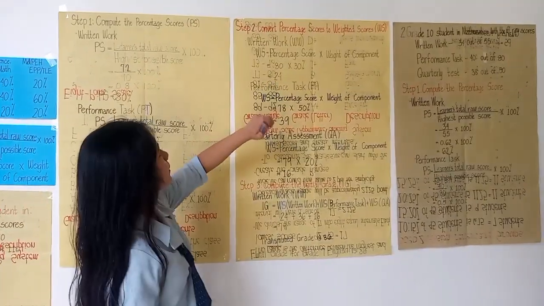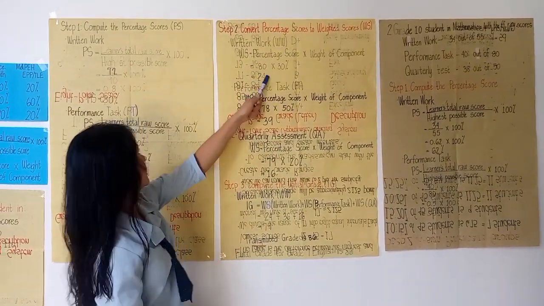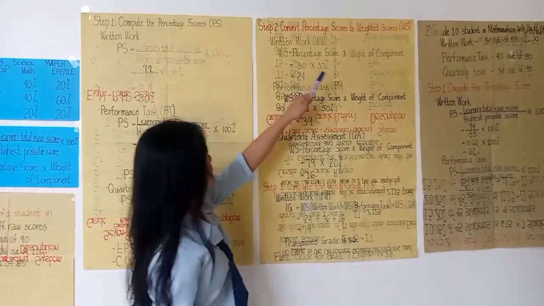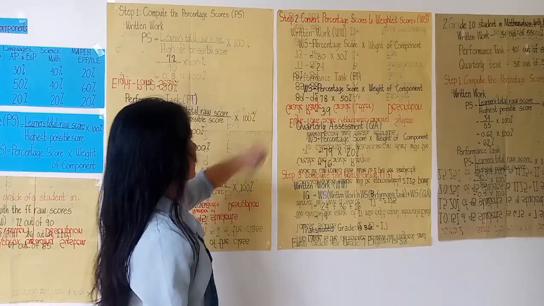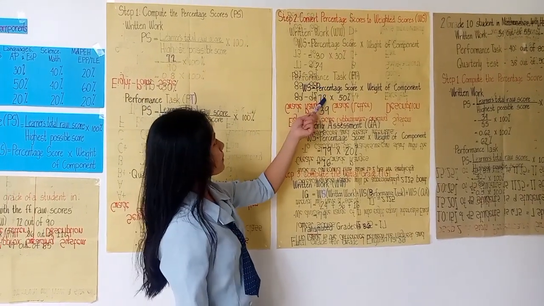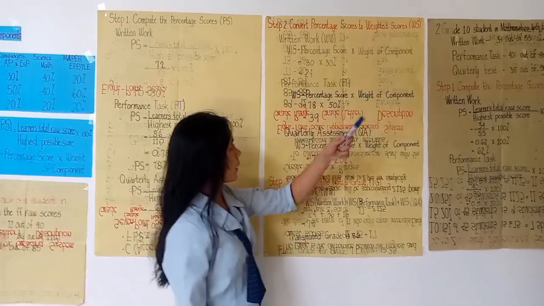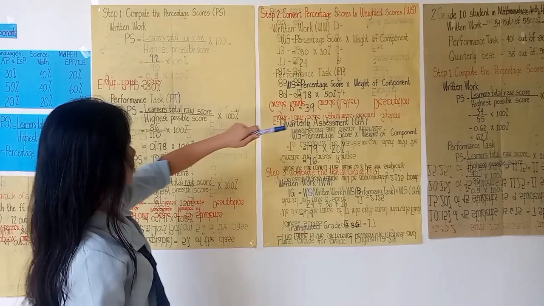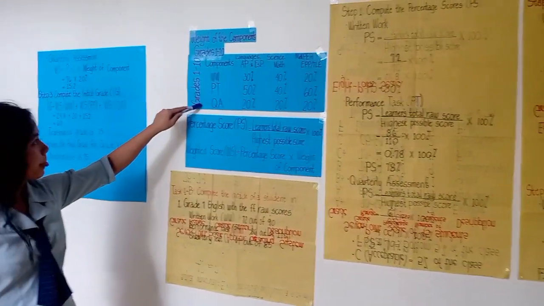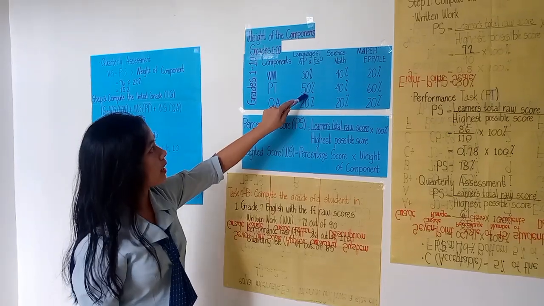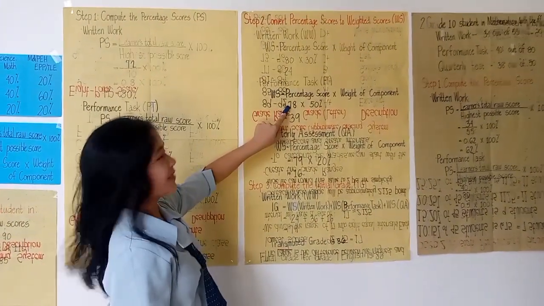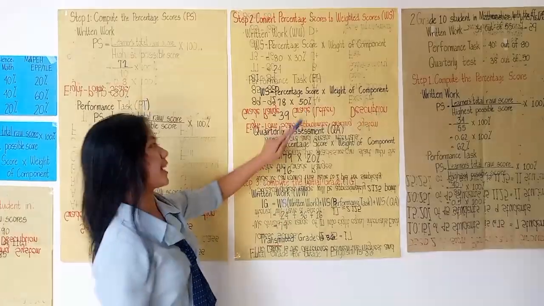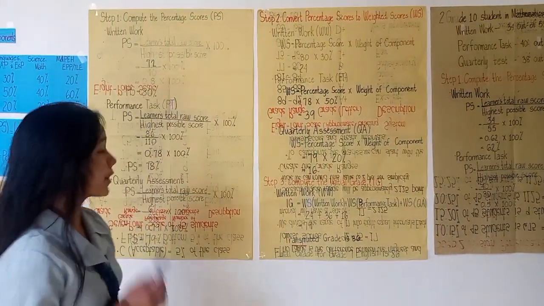The percentage score is 80% times 30% is equal to 24. Then performance task: percentage score times weight of component. As you can see in the percentage score here, performance task is 50%. And 78 times 50% is equal to 39.